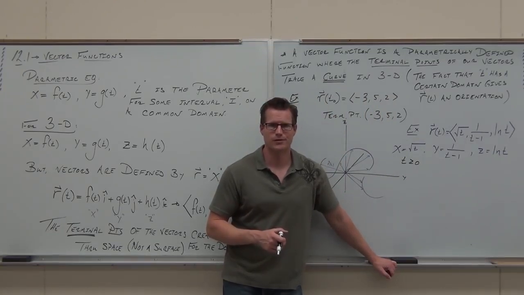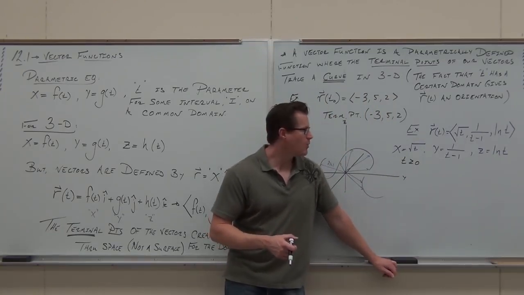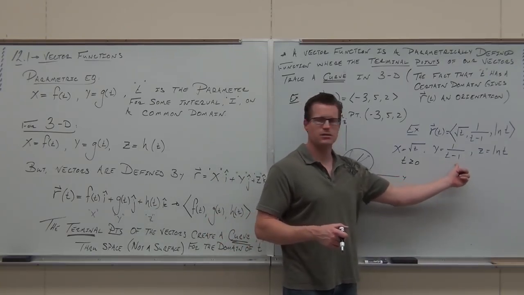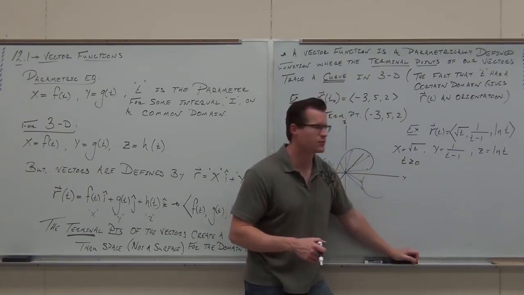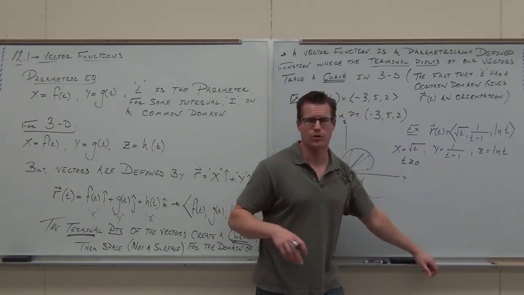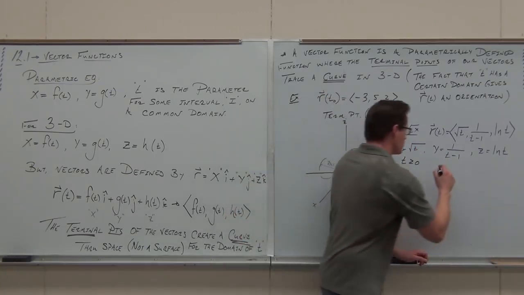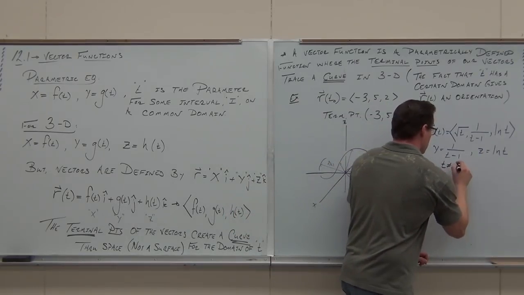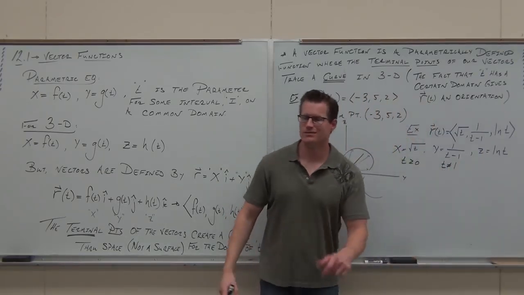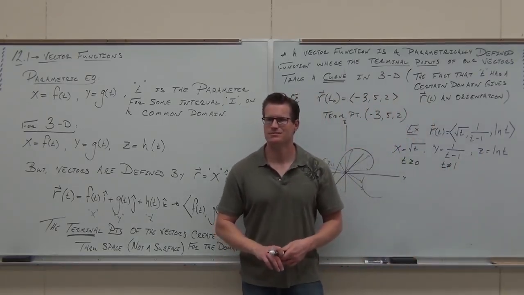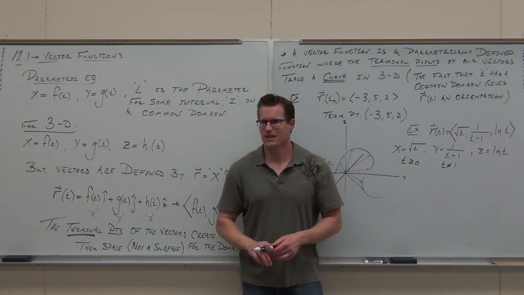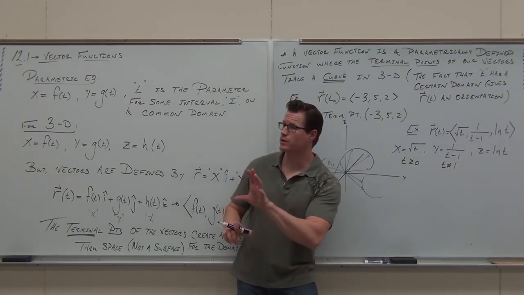We know we can't have negatives in there. 0 is fine though. How about here? Could you tell me that one? What's the domain for the y coordinate or y component? What can't t be? Sure. Why not? Yeah, but anything else is fine for that one component.